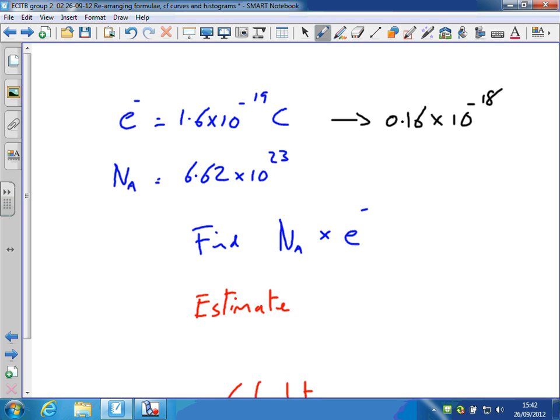Right. Okay. One place to the left, so only 19 to go. I could have gone the other way and called it 160 times 10 to the minus 21. What about this one? That's not in engineering notation either, so what could I do with that? At the moment, I've got to go 23 places to the right.